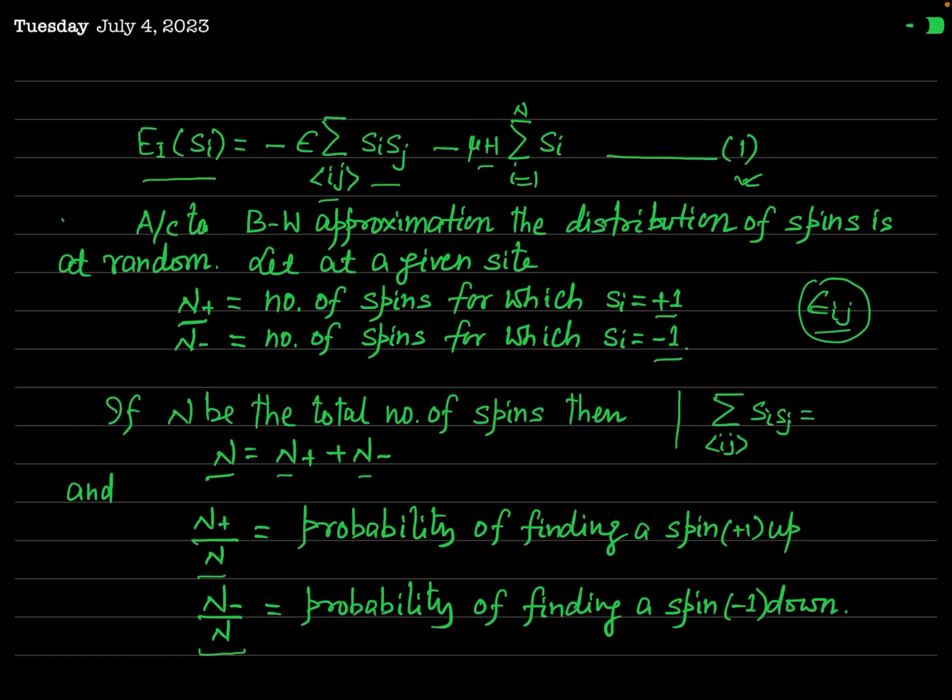So for this summation sign, we get gamma n divided by 2, and for SiSj we will write n plus divided by n minus n minus divided by n, whole square.